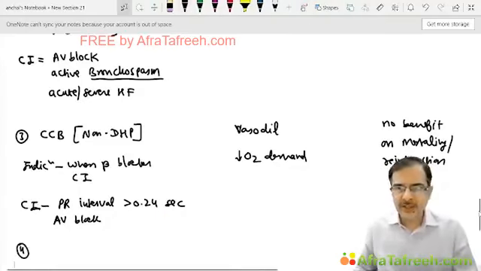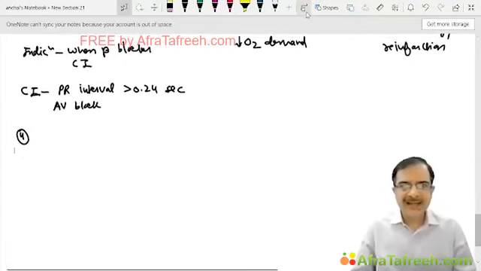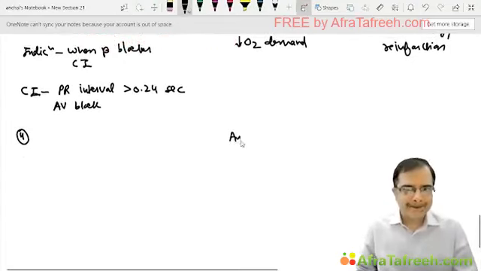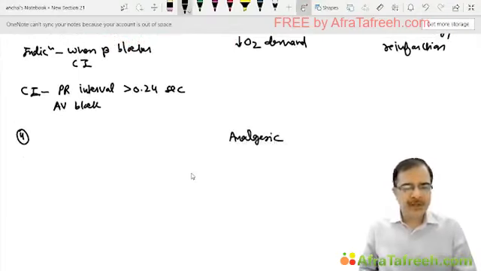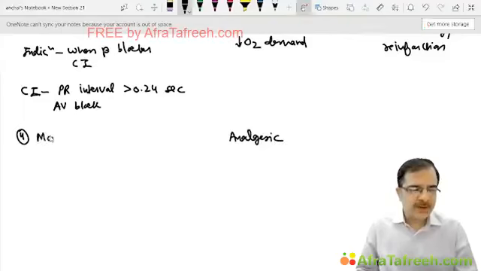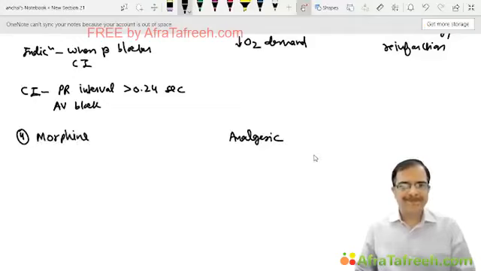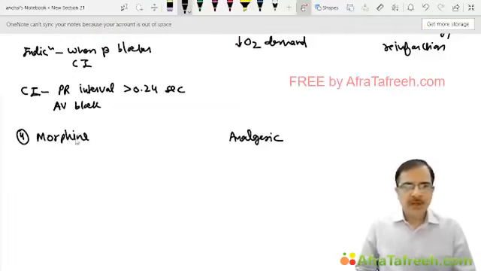Now the number fourth agent as anti-ischemic agent, it has an analgesic effect, sympatholytic also, that is morphine. So when should morphine be given?